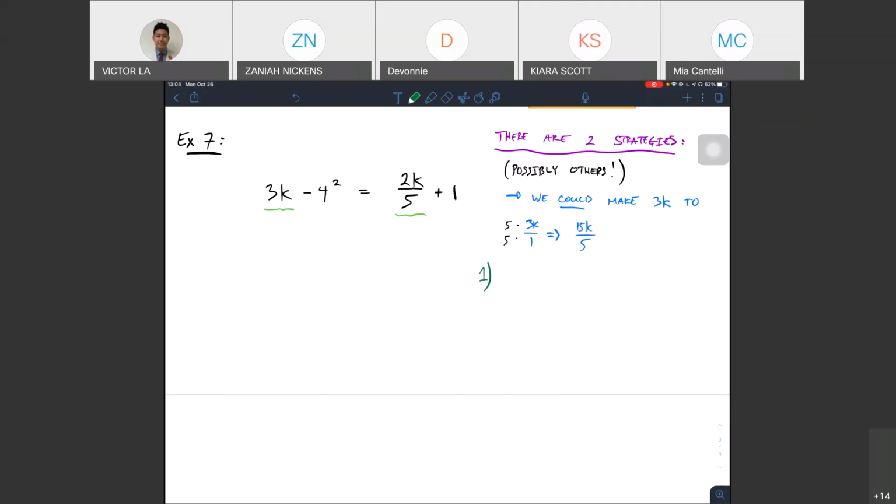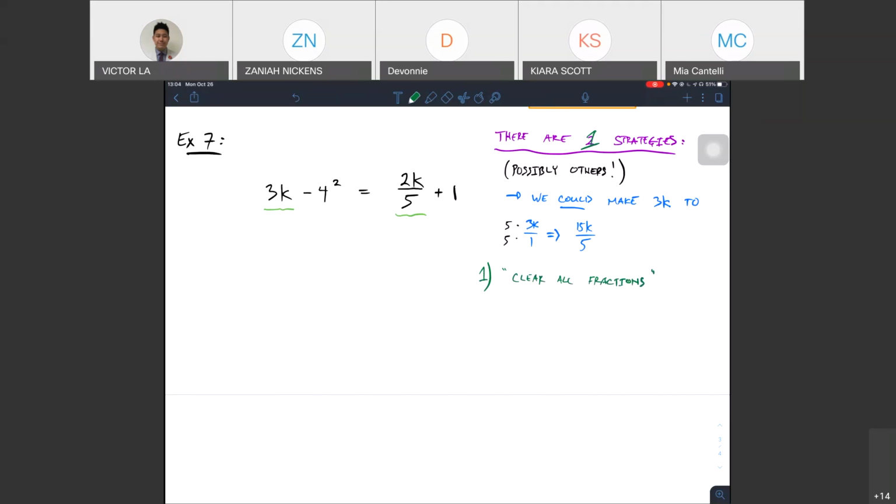There's only one strategy I want to show you in this particular case. And it is that whole clear all fractions. C-L-E-A-R, clear all fractions.